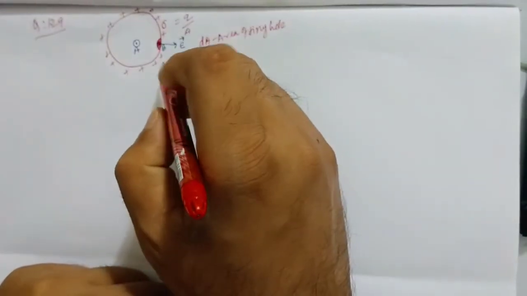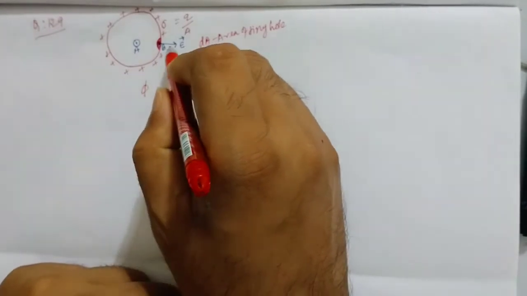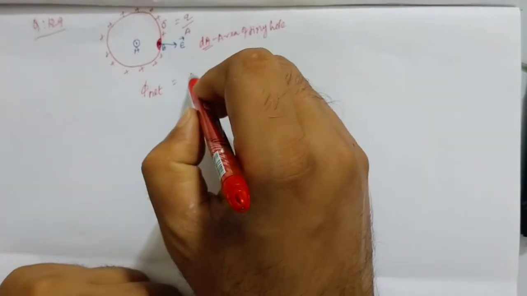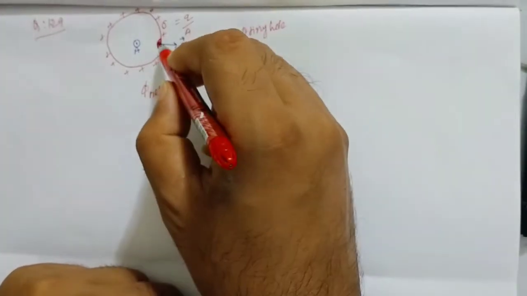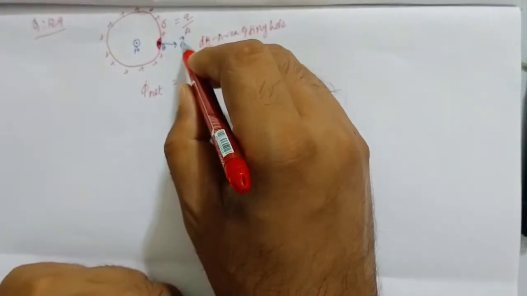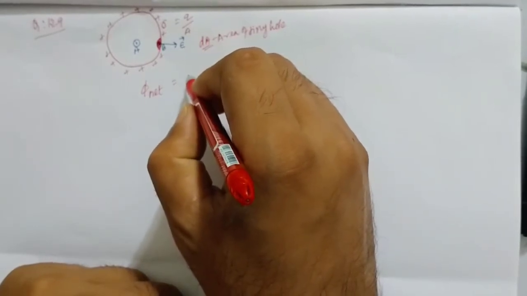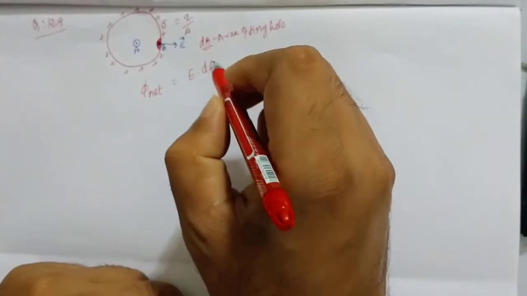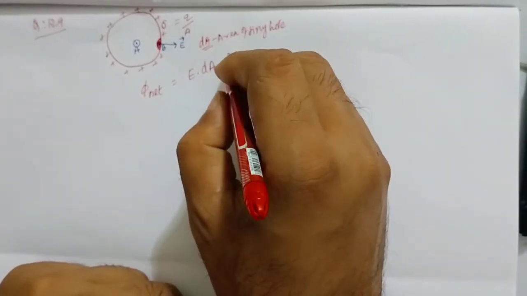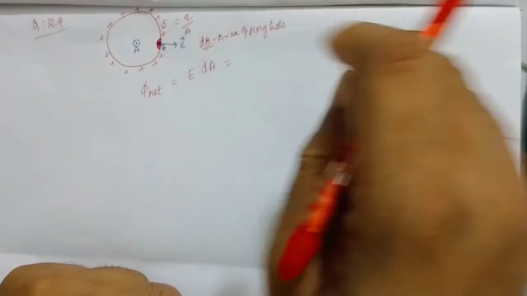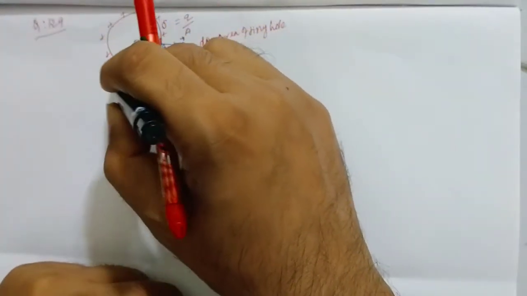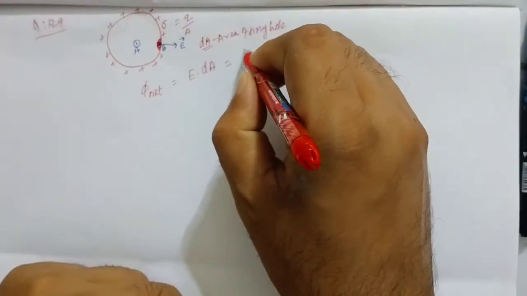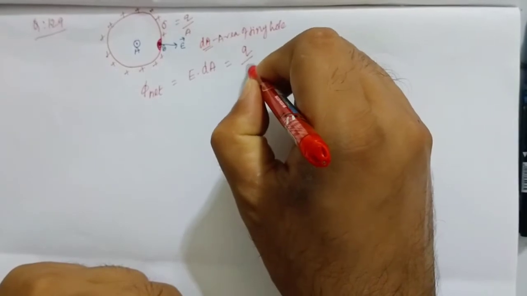Now we know phi net from the Gaussian theorem. Phi net is the net flux outside this body. Suppose this is point B, the electrical field is E, and this is the area dS, so we'll say this is E dA. If we consider a Gaussian surface outside this conductor body, this will come to Q by epsilon naught, we know this.